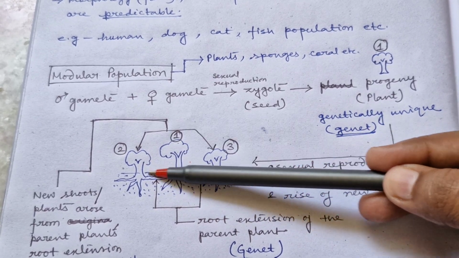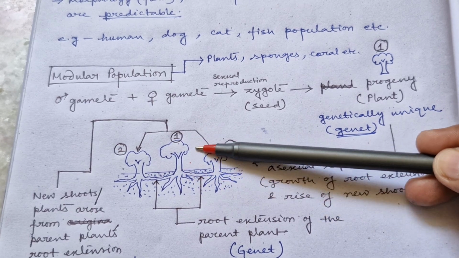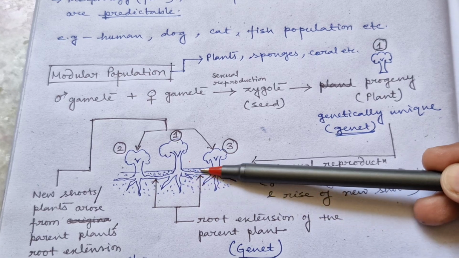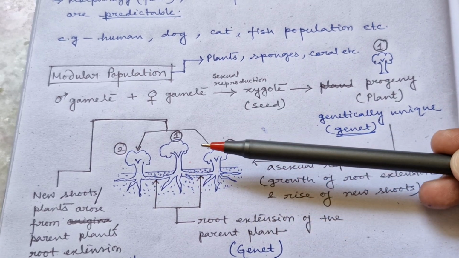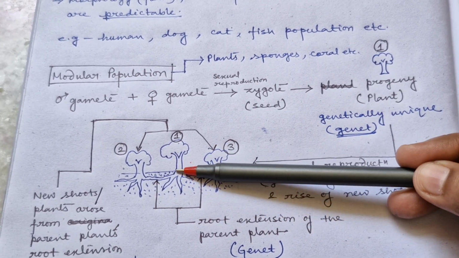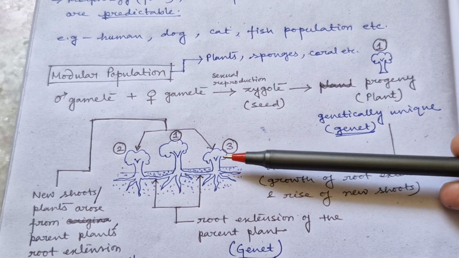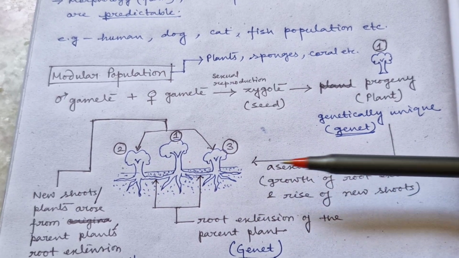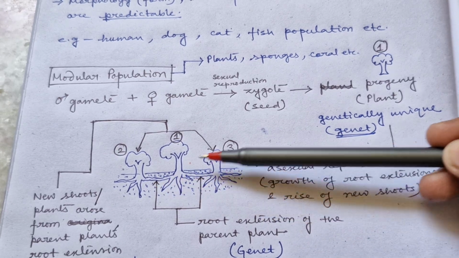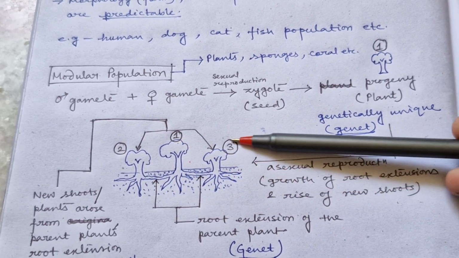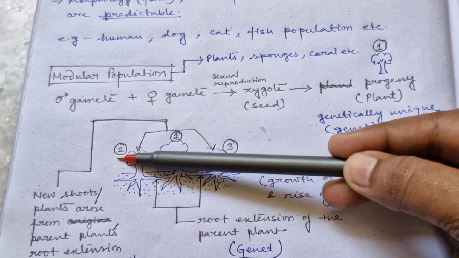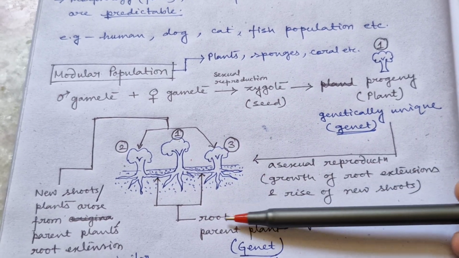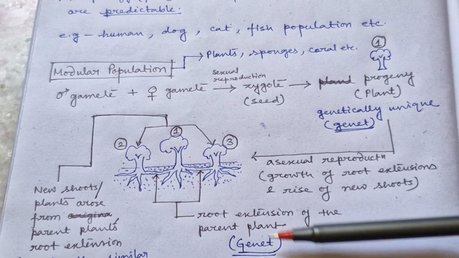So these three cannot be considered as three different individuals. Rather, these three are actually a single individual. So genet gives out ramets through the process of asexual reproduction. Here the asexual reproduction is giving out root extensions, and that is how it extends its area. Genet extends its area by producing ramets. So see here, root extensions of the parent plant, the genet.